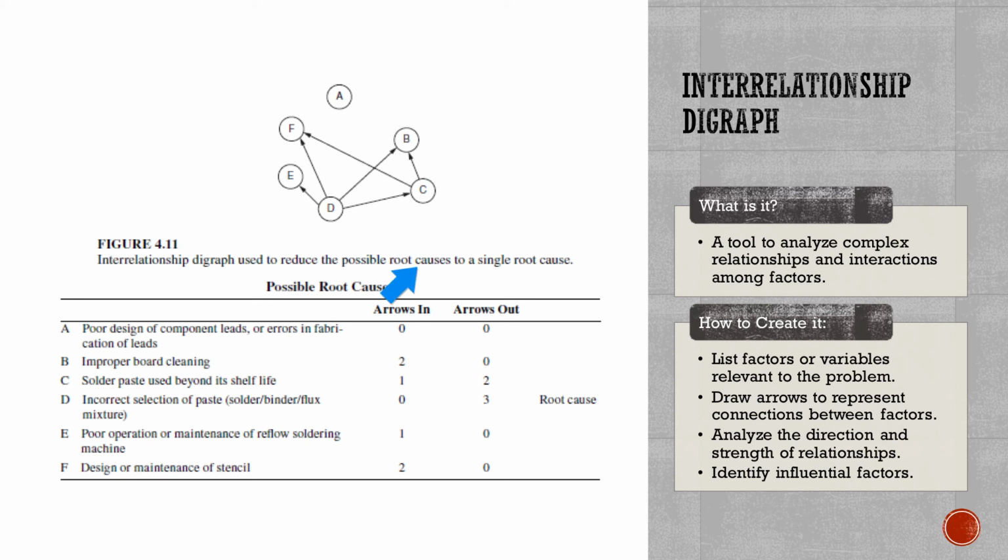So this example is related to a bad soldering process joint. So how to correct it? First we will list all the factors or variables relevant to that problem. So we have a table here.